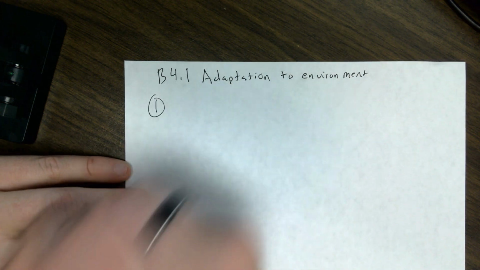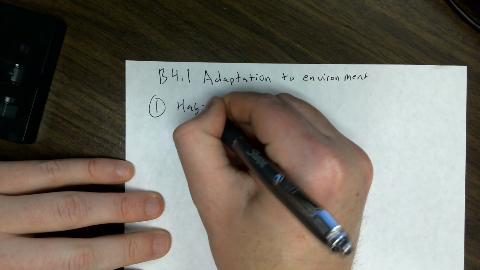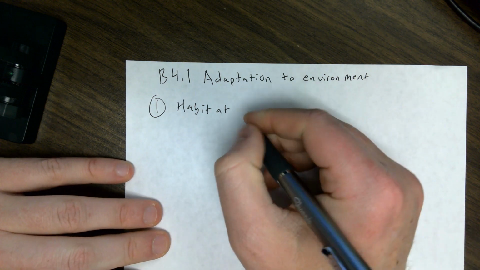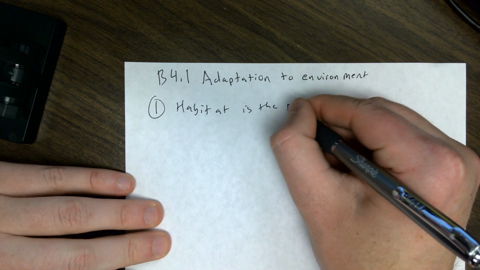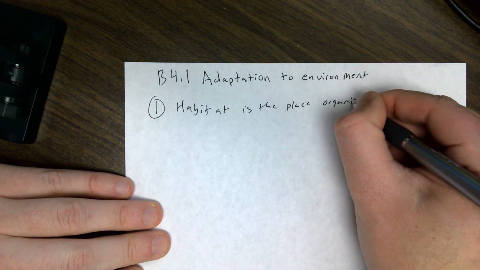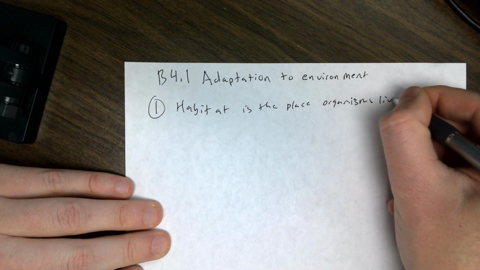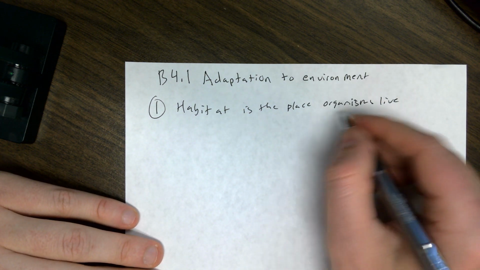And so we start with standard 1, and standard 1 is the definition of a habitat. A habitat is the place organisms live. For organisms, it could be species, population, or community. It's any of them.